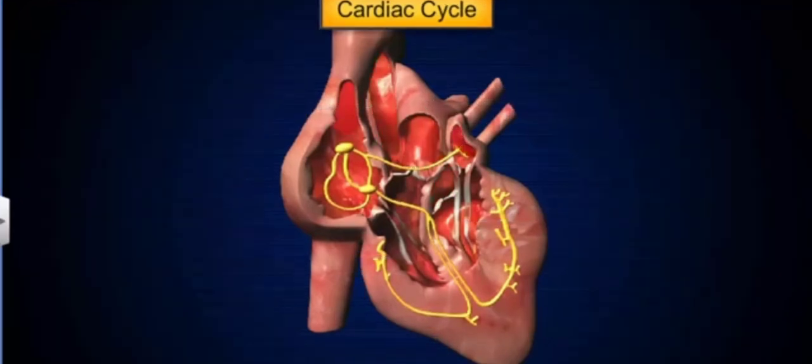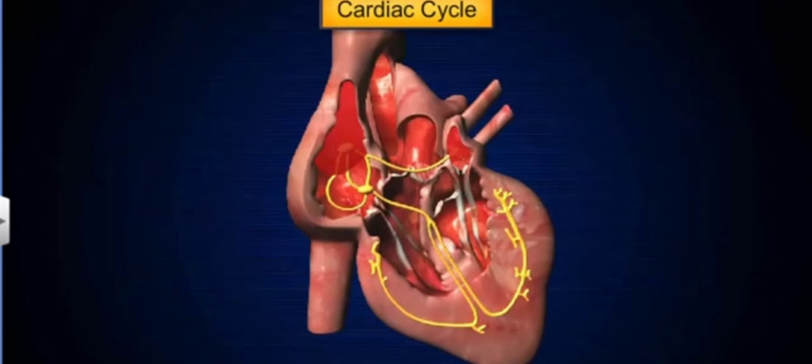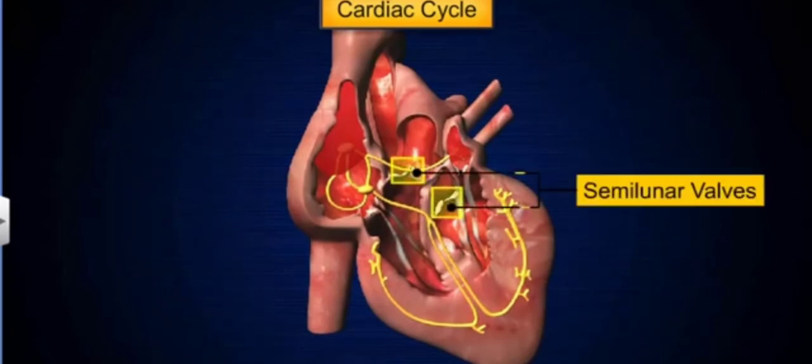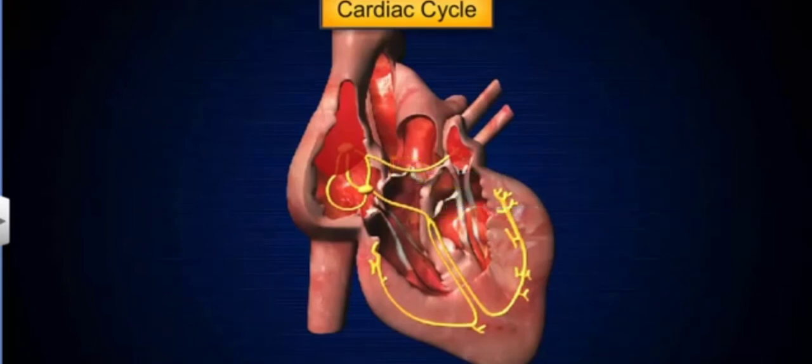The ventricular systole is followed by the ventricular diastole or relaxation, causing the closure of semilunar valves to prevent the backflow of blood from the pulmonary artery and aorta to the right ventricle and left ventricle respectively.